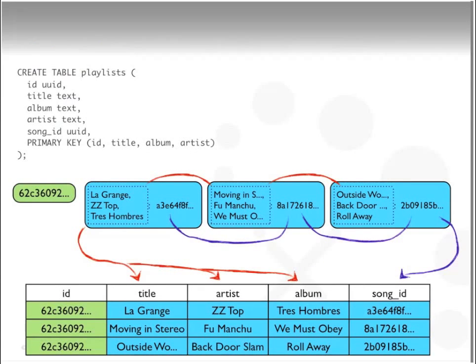The difference is that now that we're dealing with these composite columns, we're actually going to separate out each of those components into its own column. So the artist becomes its own column, the album and the title both become their own columns that we're pulling out of these composite entries in the storage engine.